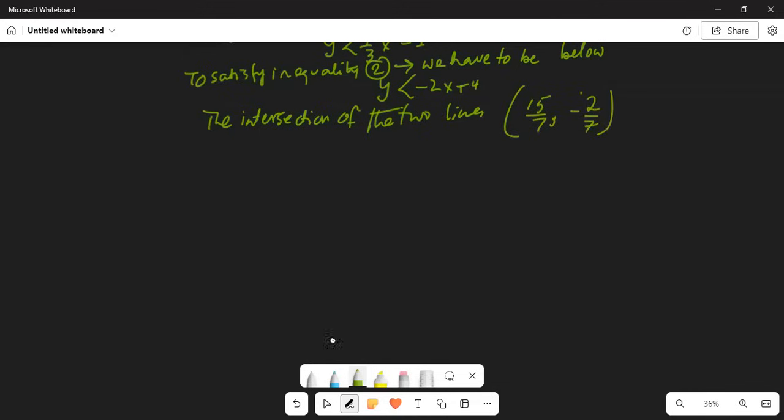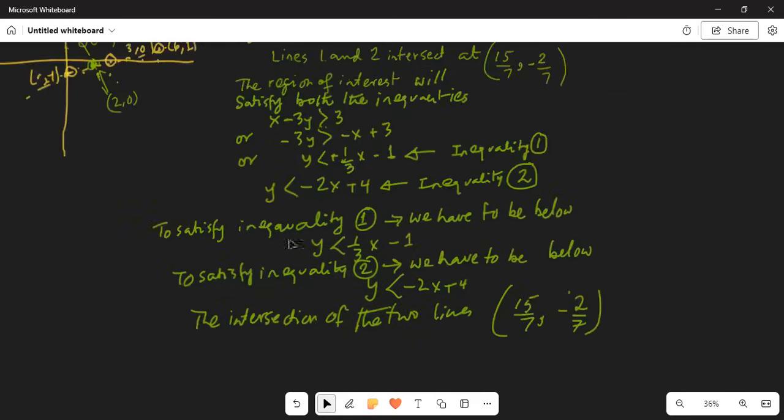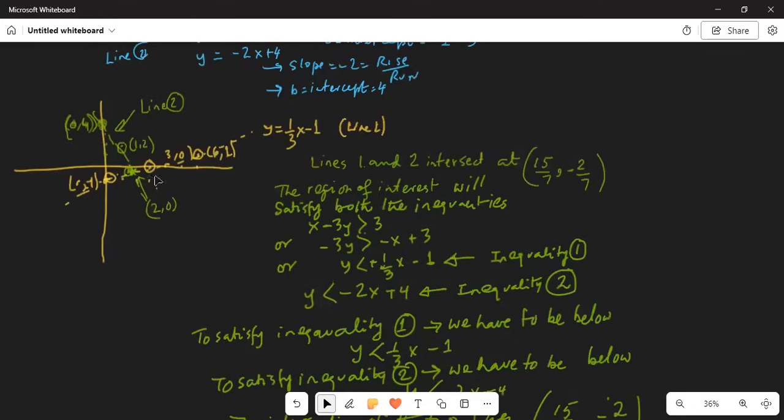If I look at the picture, this intersection point is over here. Let me use a different color ink.